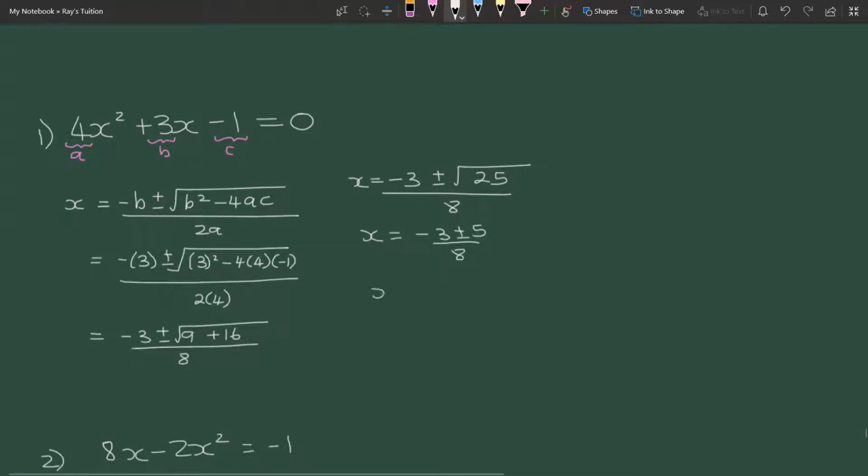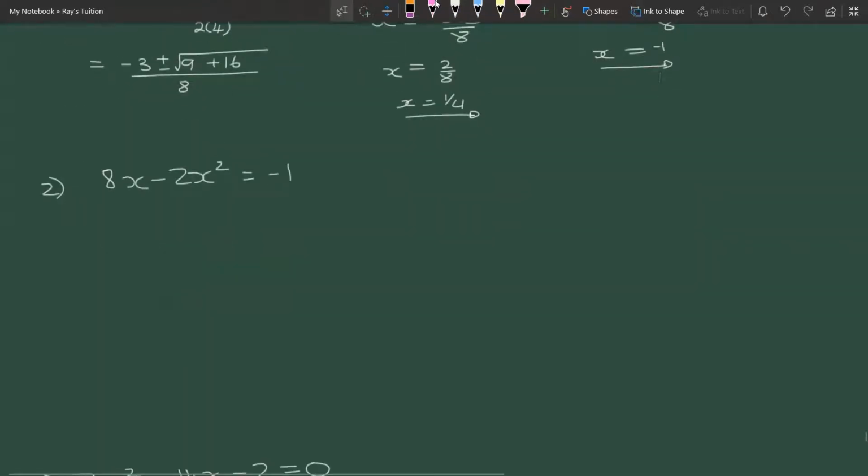Then our one solution is the positive one, so minus 3 plus 5 over 8, which is 2 over 8, which is a quarter. And our second one is x is equal to minus 3 minus 5 over 8, which is minus 8 over 8, which is minus 1. So there are our two solutions for x using the formula.